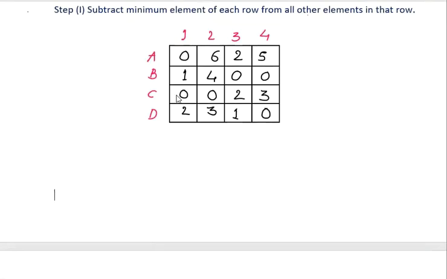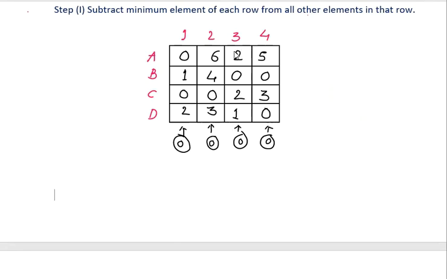What is step 2? Repeat step 1 for columns. That is, we select the smallest entry in each column. What is the smallest entry in the first column? It is 0, and when we subtract 0, nothing changes. Similarly, in the second column the smallest element is 0, and the elements will not change. In the third column the smallest number is 0, and the numbers will not change. In the fourth column again the smallest number is 0, so the numbers will not change.